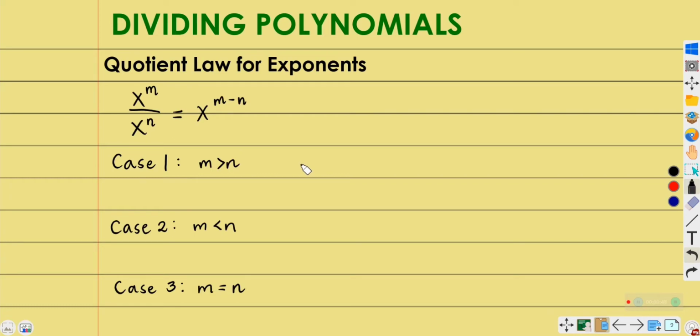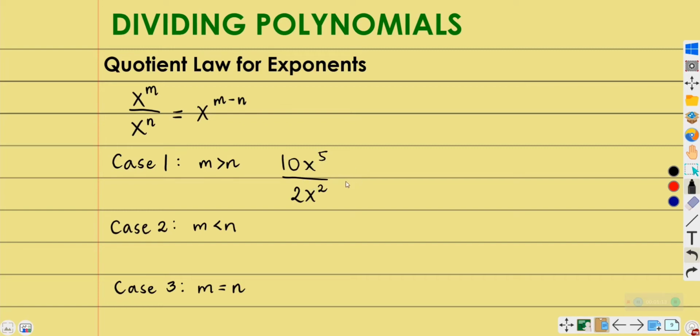So, sa case 1, halimbawa, we have 10x to the 5th power divided by 2x squared. Okay, so kung mapapansin nyo, we have the same bases po, x po, and then mas mataas po yung exponent ng x sa numerator, 5.